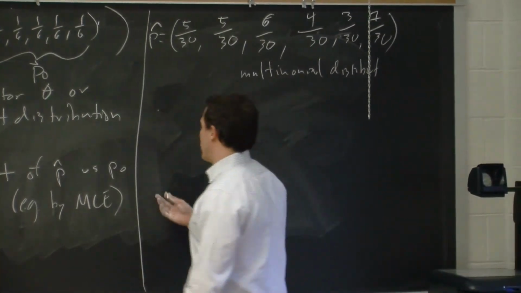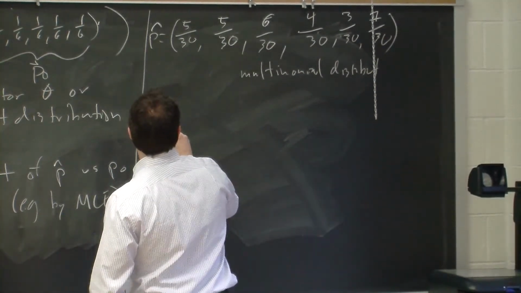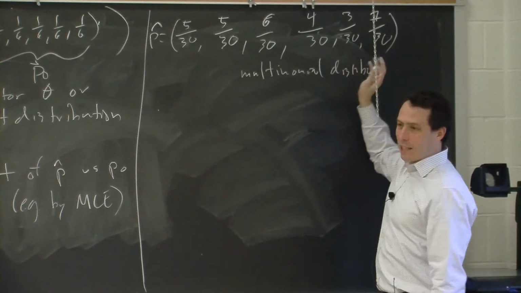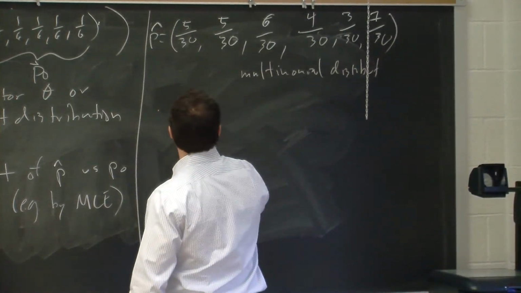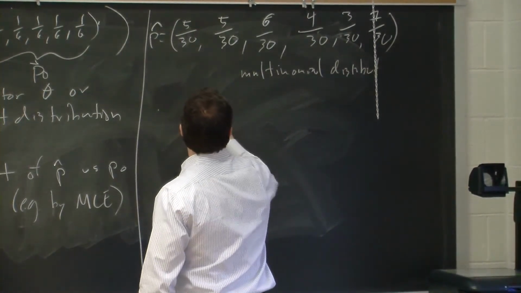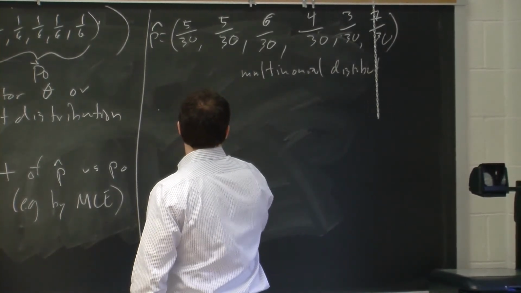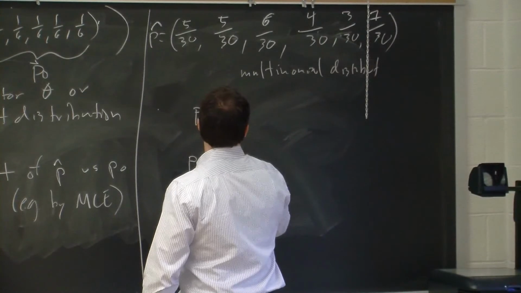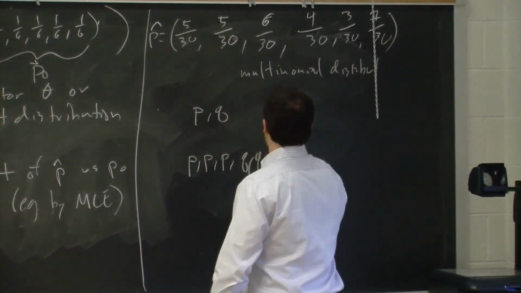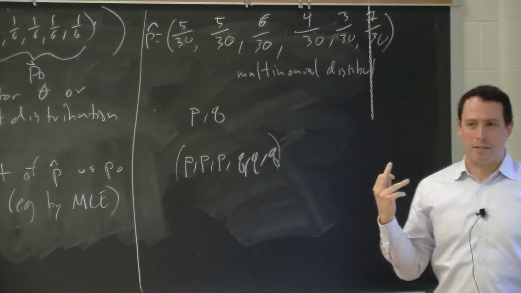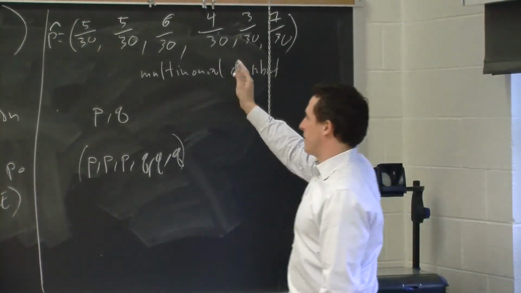So for example, instead of using this 5-dimensional model, where there are 5 free parameters and the last one is determined, I could use one with parameters p and q, where the outcome probabilities are p, p, p, q, q, q. So I only have 2 parameters to fit instead of 5.